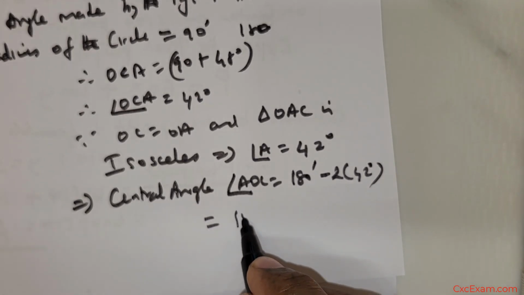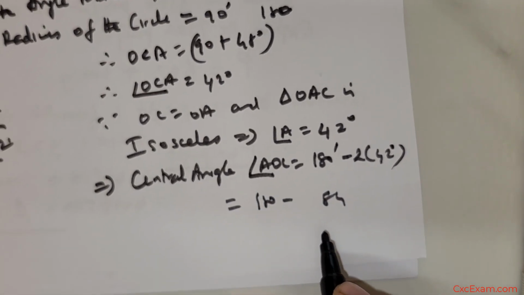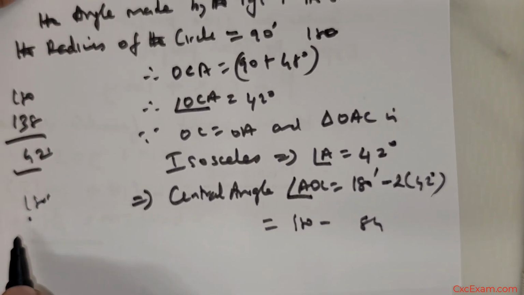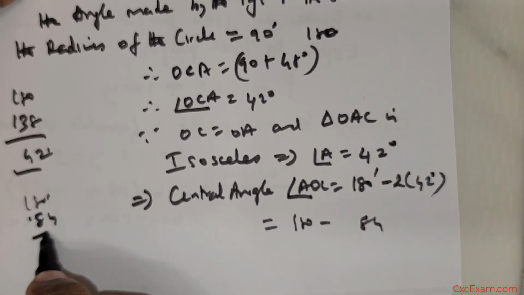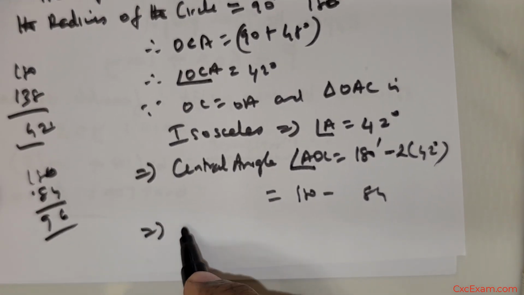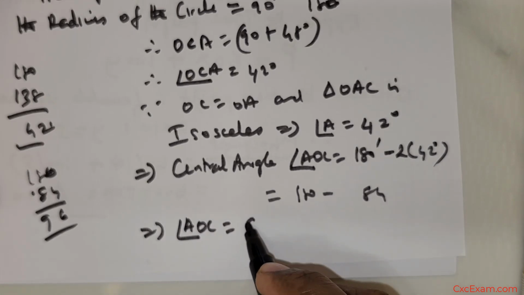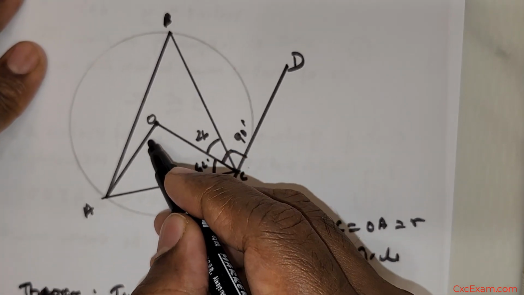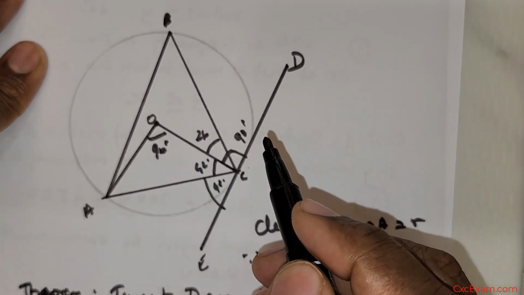So that's 180 minus 84. So what do you get? That's going to be 96 degrees. So angle AOC is equal to 96 degrees.